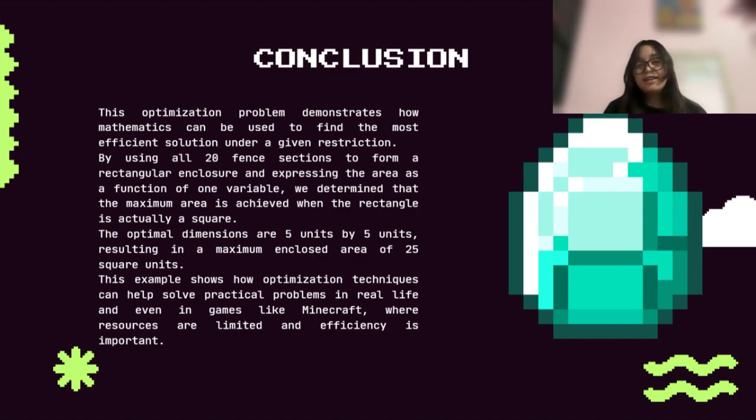By finding its vertex, we determine that the maximum area occurs when L equals 5. Since the rectangle must satisfy the perimeter condition, the width is also 5 units. So the maximum area will be A equals 25. The optimal dimensions are 5 units by 5 units, creating a square with an area of 25 square units.